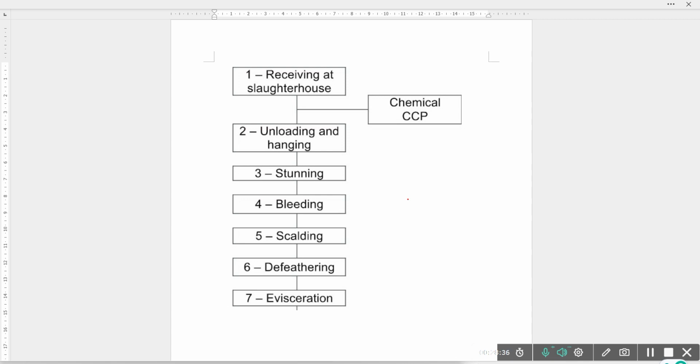So, what this farm shall do before they send their chicken to your slaughterhouse? Chicken shall be fasted. Vaccine, okay, quite near. What shall we do? If I have a slaughterhouse, before I receive any chicken, what shall I do? What shall I request from the farm?